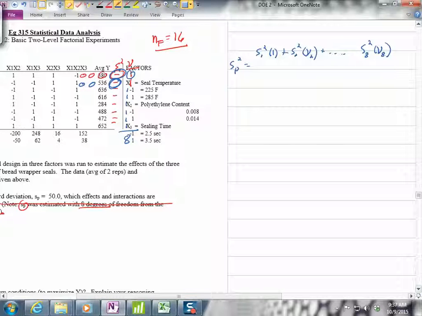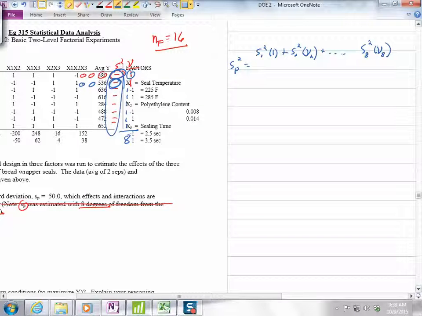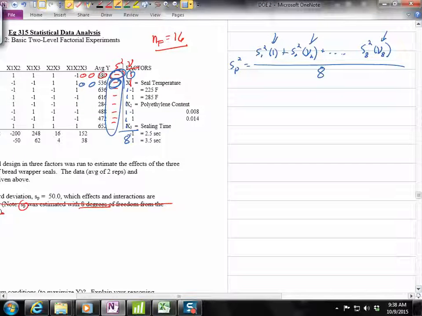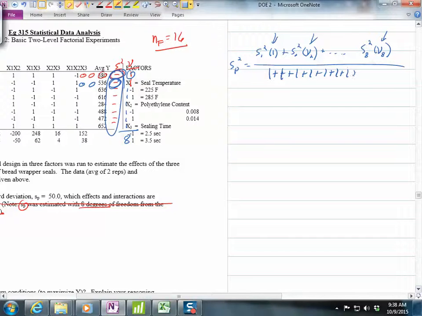So we have 8 estimates of variance. We pool them all together, weighting them by their degrees of freedom. In this case, they're all 1, so we add up those degrees of freedom, we get 8. I mean, we can put down here, if I can count right.